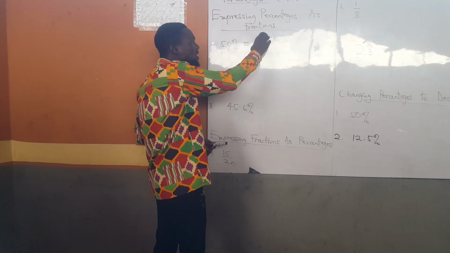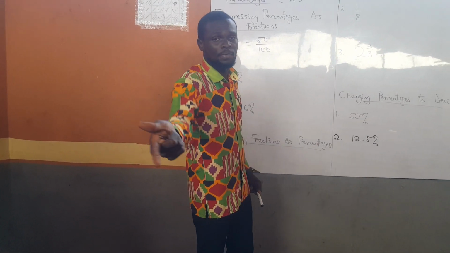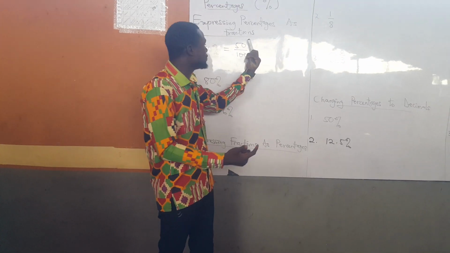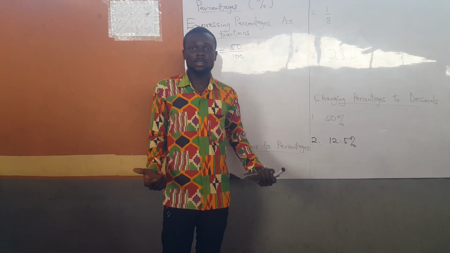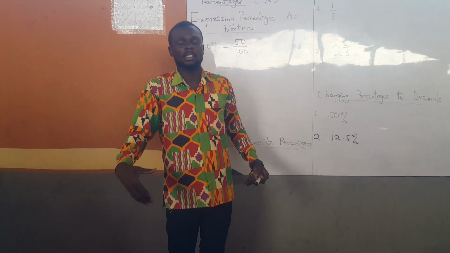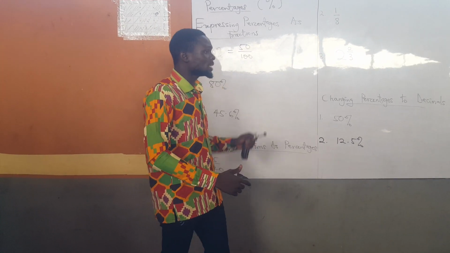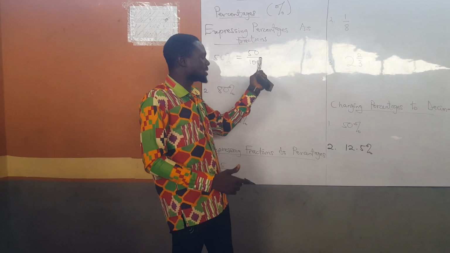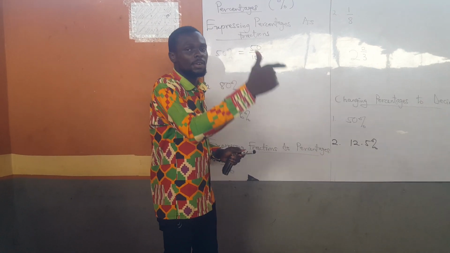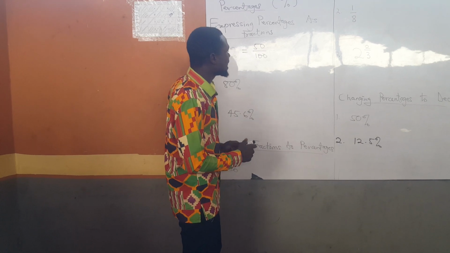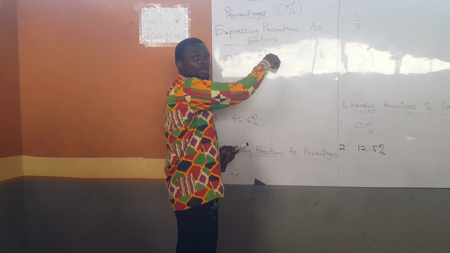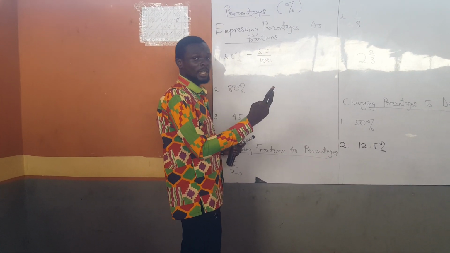But you see, because 50 over 100 can be simplified, you can't leave it just like that. Why? Because you can simplify it to its lowest form. Looking at this, there is 1 zero at the numerator and 2 zeros at the denominator.